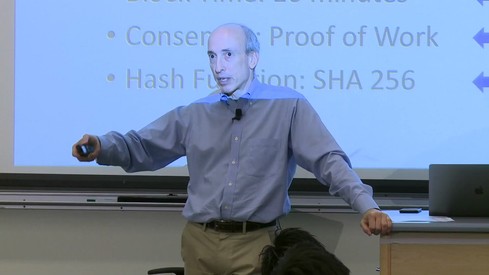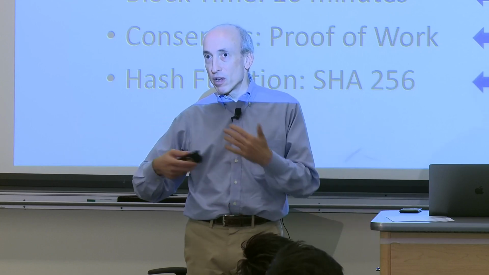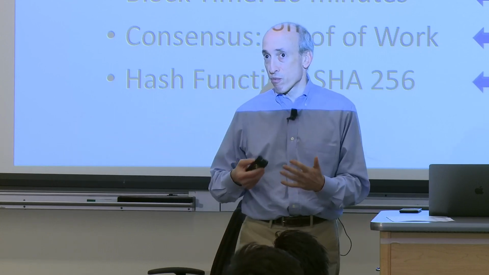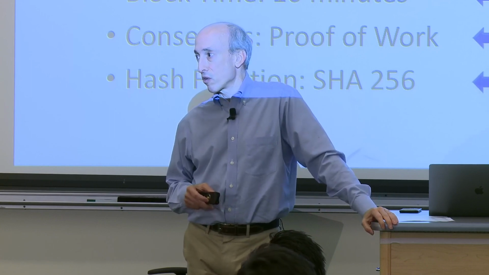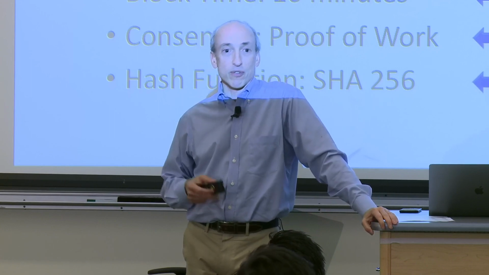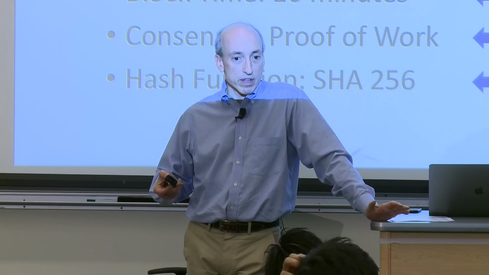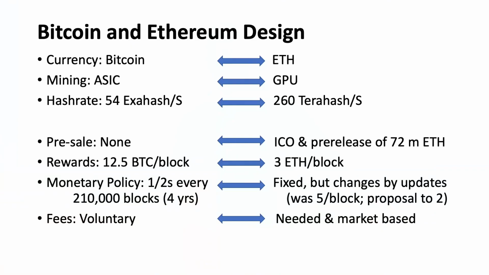The other big difference is Ether does seem to go faster, but it doesn't have a lot of throughput. They still both use proof of work, even though Ether says they're going to move to proof of stake. They're not there yet. When they get there, we'll all know together. The economics are a bit different, of course, as well.